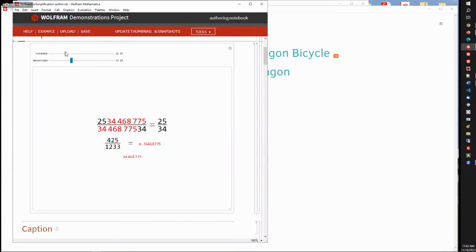Let's see if we can find one here. Here we go. Here's another one. Here's another easy to see bad simplification.